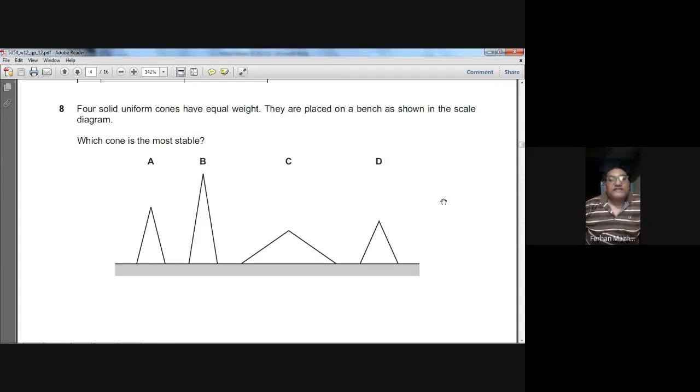For a body to be stable, its base area should be wide and its center of mass should be at a lower height. So C looks the best because its base area is larger and its center of mass is lower. So C is the choice. Question number 8, C is the choice.